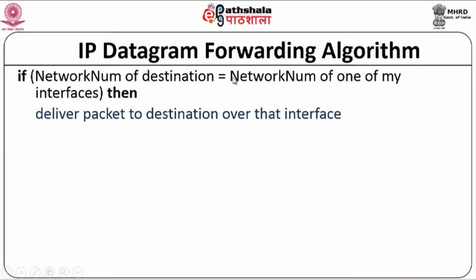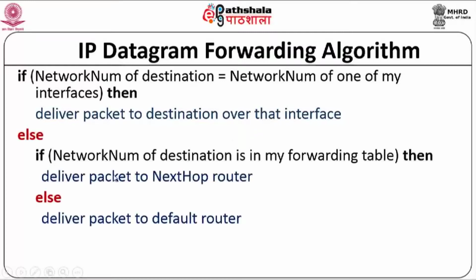The forwarding algorithm is again a very simple set of steps. You look at the network number of the destination and see whether it belongs to one of your interfaces; then you deliver the packet to that destination over that interface. Otherwise, you check if it is there in the forwarding table, and then you deliver the packet to the next hop router. Otherwise, you deliver it to the default router. That is, if I do not find a matching entry, I will send it to my default router.